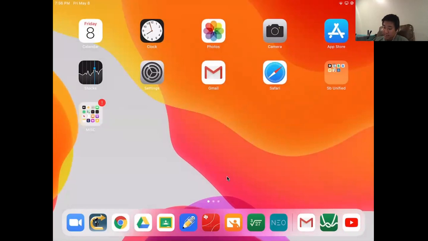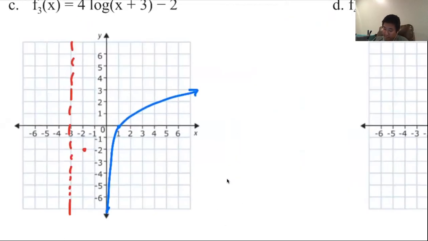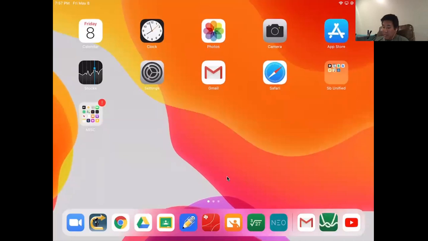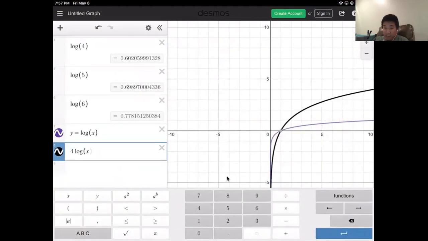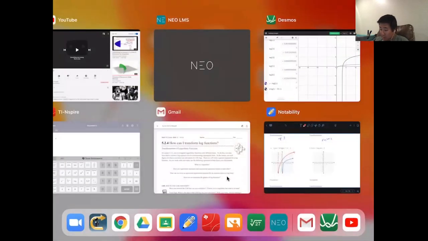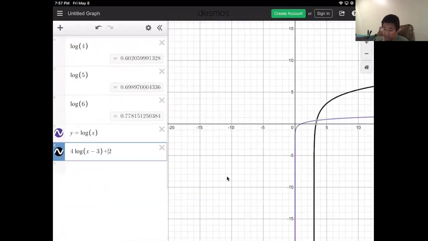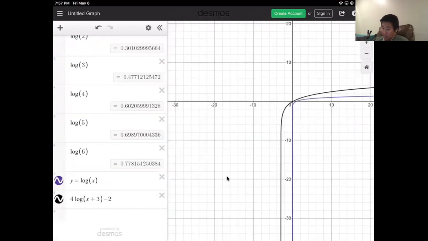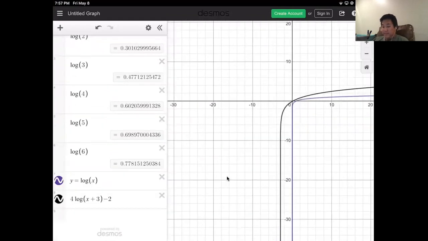Like if you had negative 3 plus 2 plus 3 minus 2. You see how it just grows so much faster.